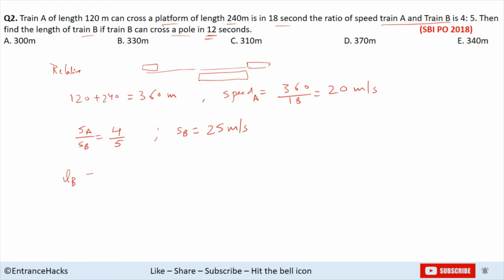So length would be speed into time, that is 25, the speed since the pole is not moving and only the train is moving, into 12 seconds. So 300 meter is the length of train B.